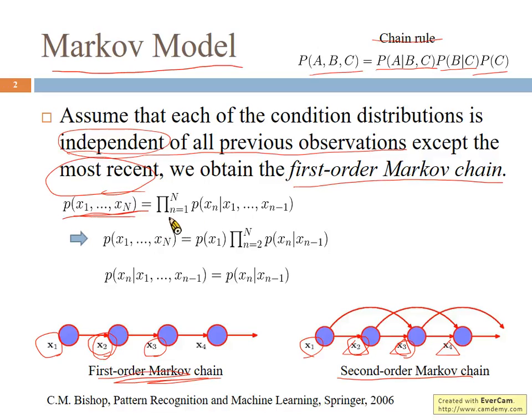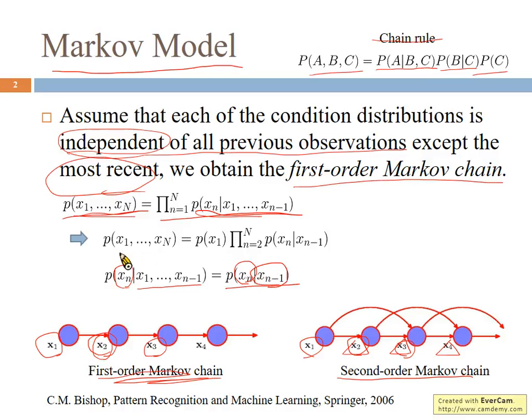theoretically we can expand it by the chain rule. However, we can also assume the first order Markov property. That means the probability of xn given x1 to xn minus 1 is equal to the probability of xn given only xn minus 1. So this is the first order Markov property.